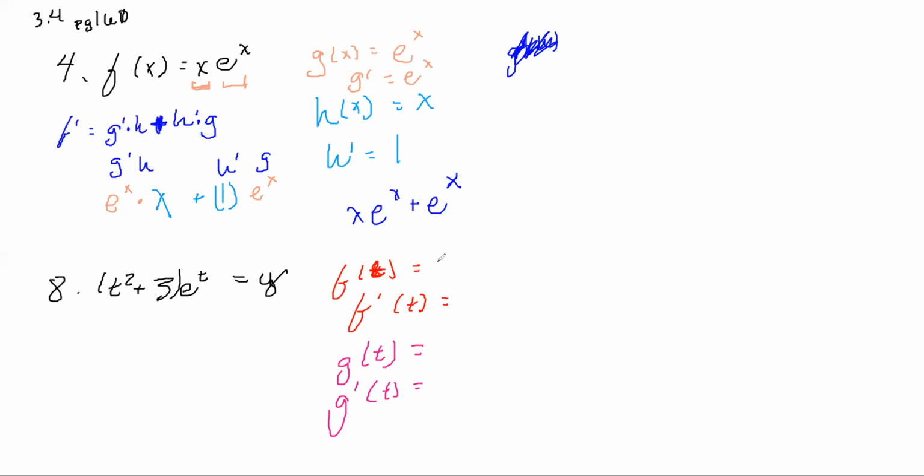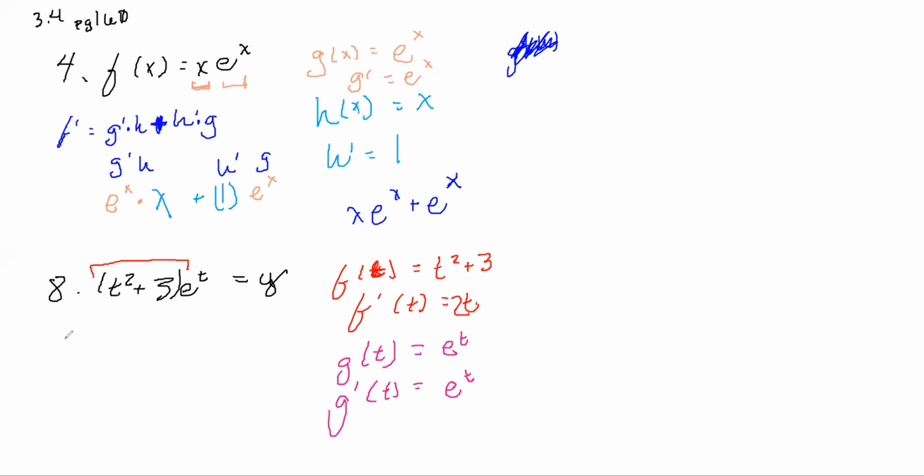So I'm going to pick whichever one I want for f. In this case, it's going to be t squared plus 3. So that's this chunk. And the derivative of that is going to be 2t. And then I'm going to look at the other one, which is going to be e to the t, and e to the t.